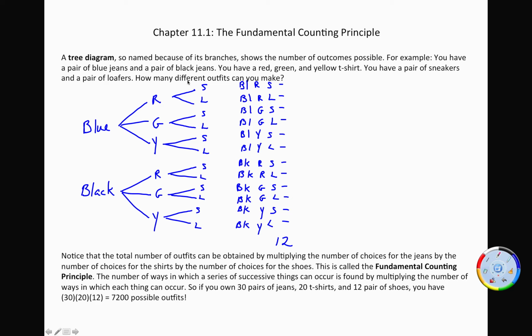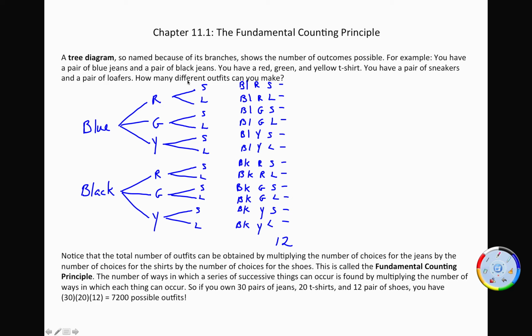And I'm going to think of using this fundamental counting principle in terms of filling in the blanks of how many different branches there are. So if a restaurant offers 8 appetizers and 10 main courses, in how many ways can a person order a 2-course meal? Because there are 2 courses, I know I have 2 blanks to fill in.